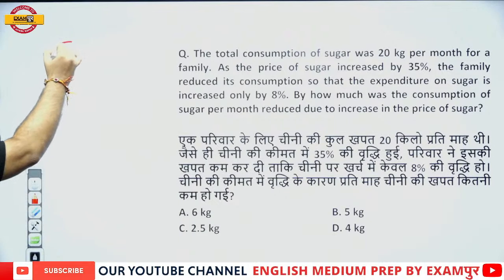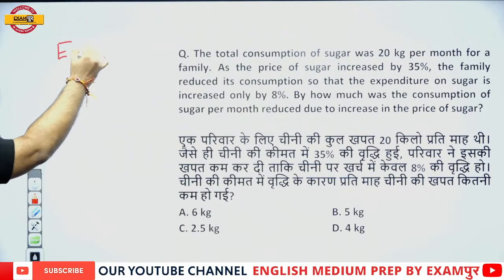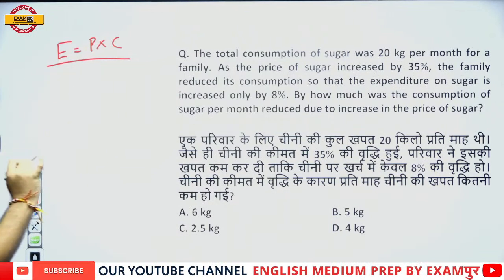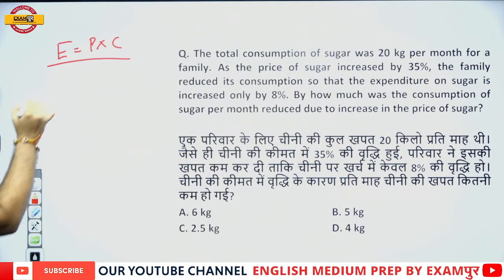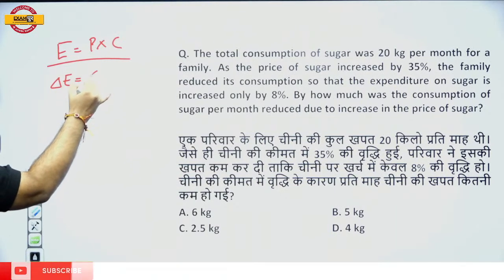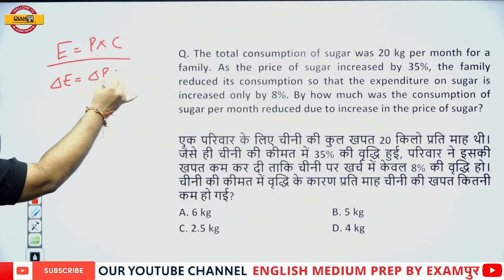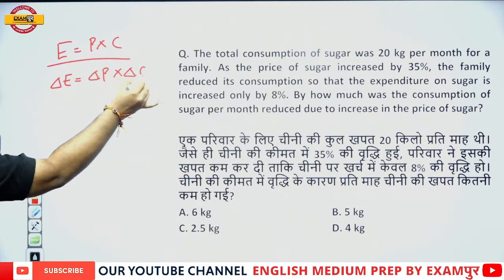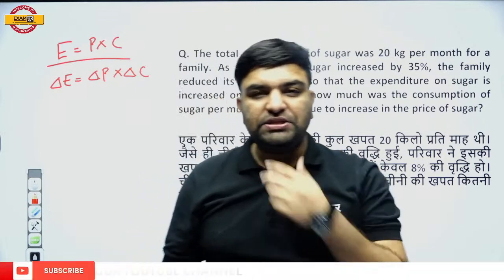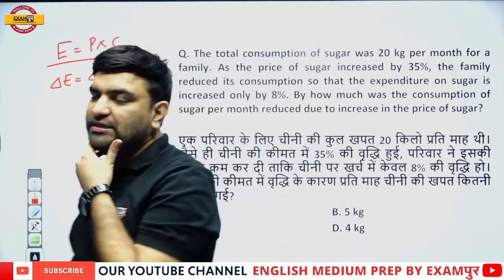As you might be aware, expenditure is equal to price into consumption. So the change in expenditure would be equal to the change in price into the change in consumption.